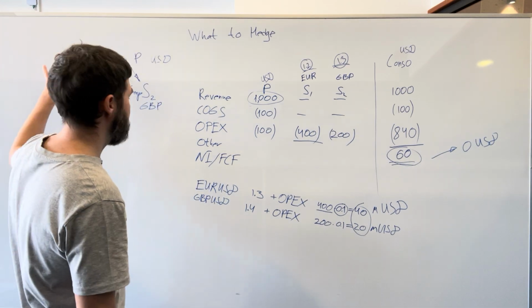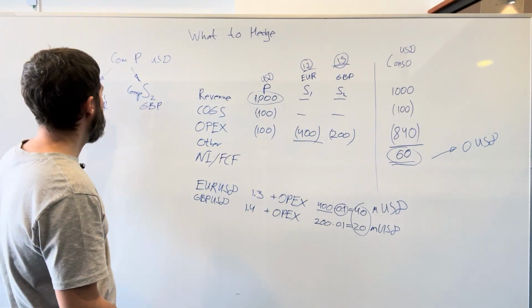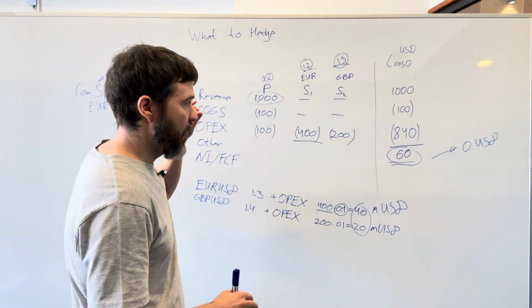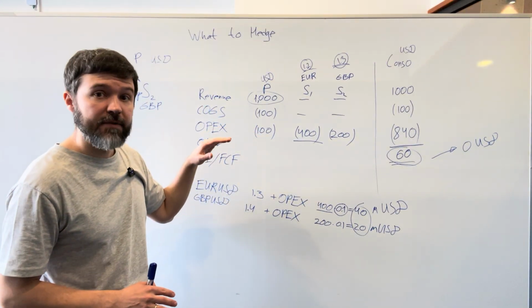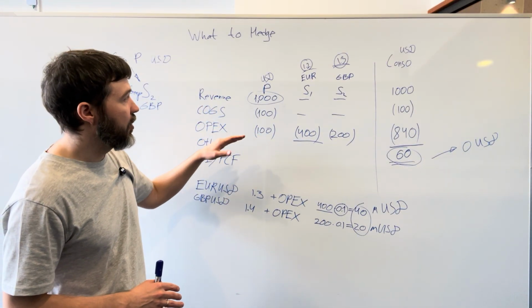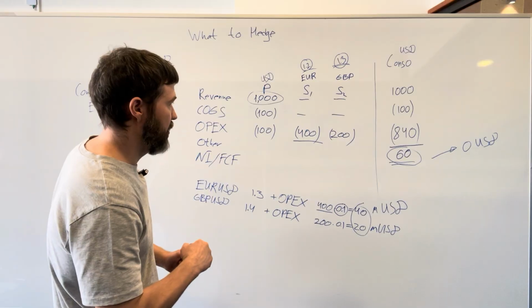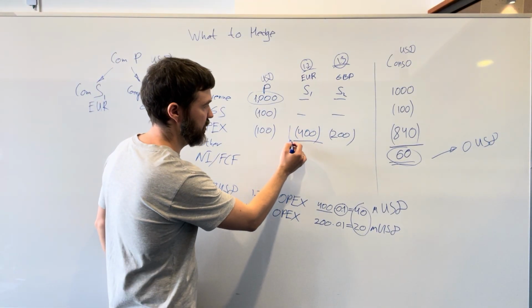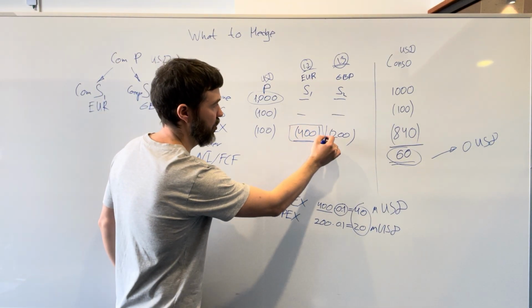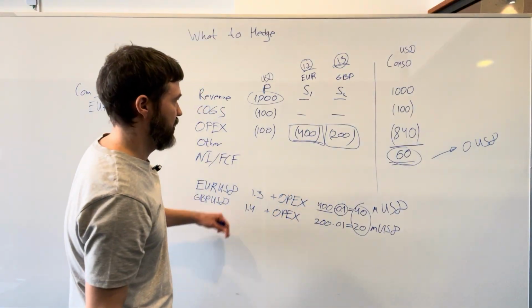Not only this structure, but many other structures and many businesses that have significant foreign operations. And by significant, you're deciding for yourself what is significant for you, but this one is obviously big.